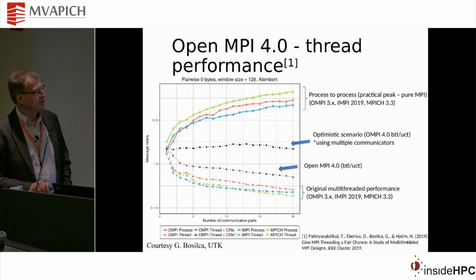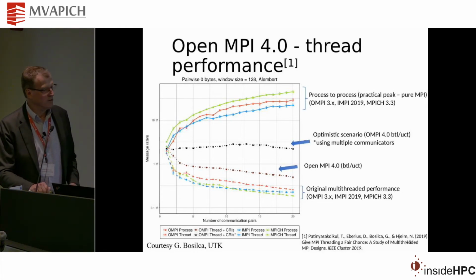This is just single process MPI. And then this seems to be the target still for a multi-threaded setting, which is still significantly less, right? We're on a log scale here, so this is like a factor of 20 or more difference.